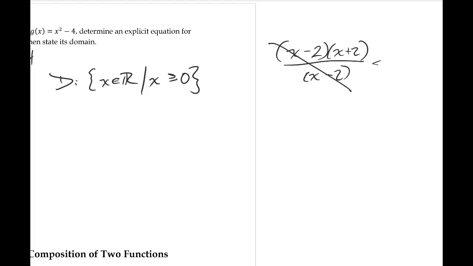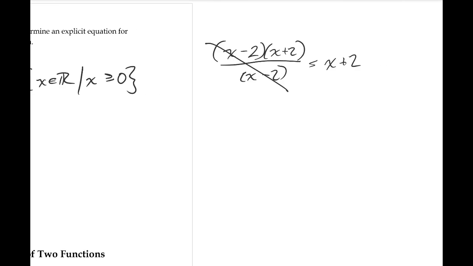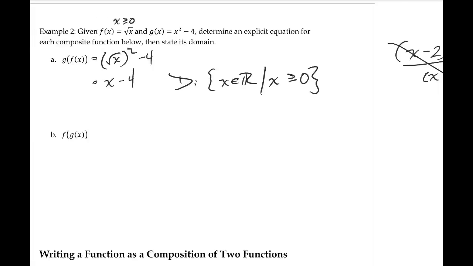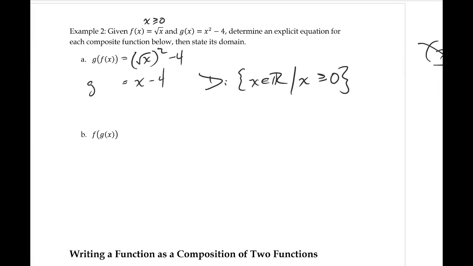Although those canceled out and this function simplified to x plus 2, we still had to include that non-permissible value of the original function where x could not be positive 2. Same thing's happening here. Even though our new simplified function g of f of x doesn't look like it should have any restrictions, because f of x had that original restriction, it still needs to apply to its domain.